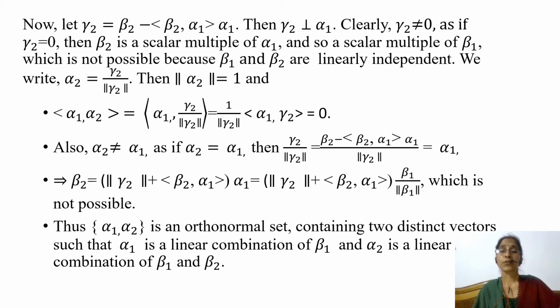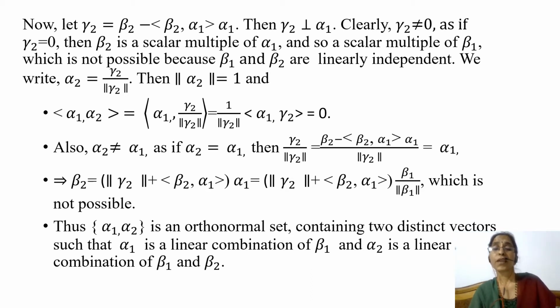We also note that alpha 2 is not equal to alpha 1, because if we take alpha 2 equal to alpha 1, then gamma 2 divided by the norm of gamma 2, that is, beta 2 minus the inner product of beta 2 and alpha 1 times alpha 1, divided by the norm of gamma 2, is equal to alpha 1.